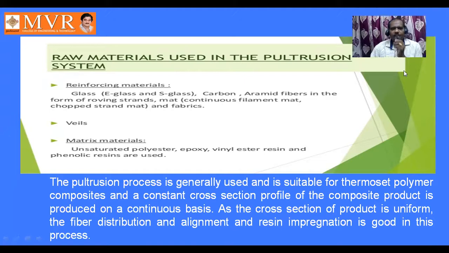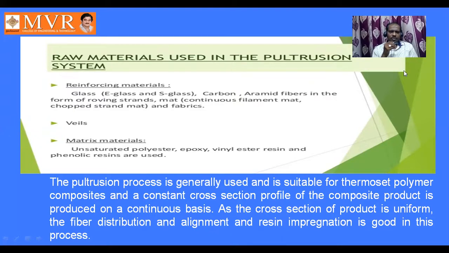Next, what is the pultrusion process? It is generally used and is suitable for thermoset polymer composites, and a constant cross-section profile of the composite product is produced on a continuous basis. As the cross section of the product is uniform, the fiber distribution, alignment and resin integration are good in this process.